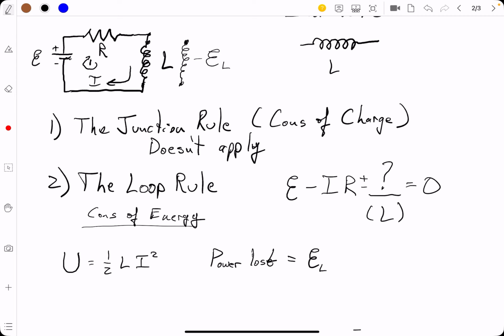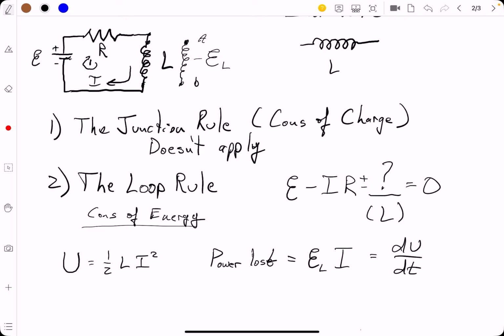It's just the drop from A to B across that point. Let's get rid of those, and we'll do B. So from A to B, that's our EMF_L. That's our potential drop across, and we're going to multiply that by our current, because P equals IV or VI, however you want to talk about it. And of course, we know that that's dU/dt.